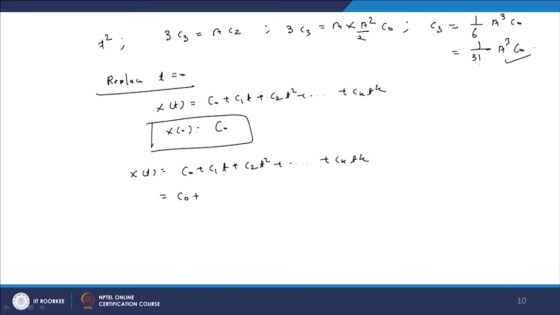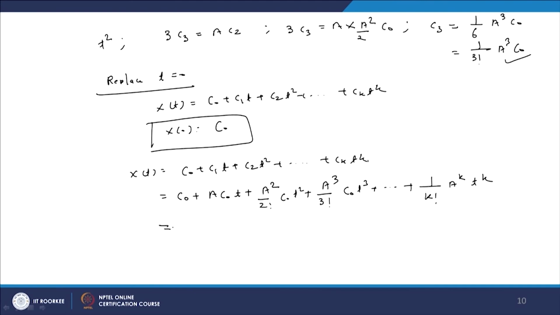So, we replace these values and we will find C0 plus A into C0 into t plus A square by factorial 2 C0 into t square plus A cube by factorial 3 C0 into t cube, and this process is repeated. Our terms go up to k, so we will have 1 by factorial k into A raised to k into t raised to k.